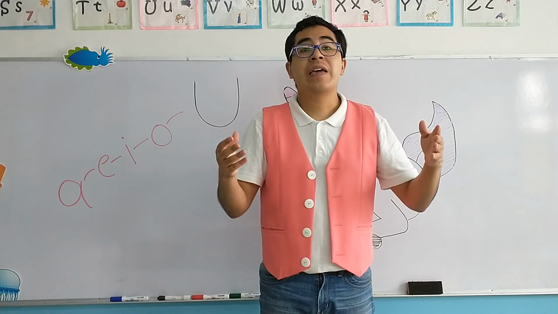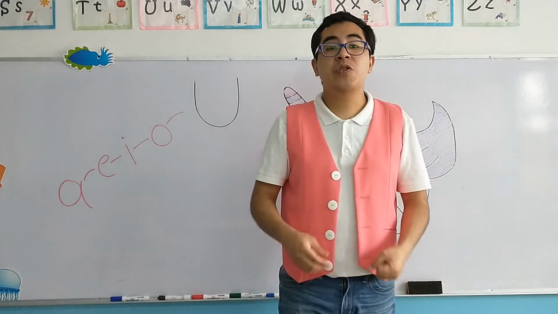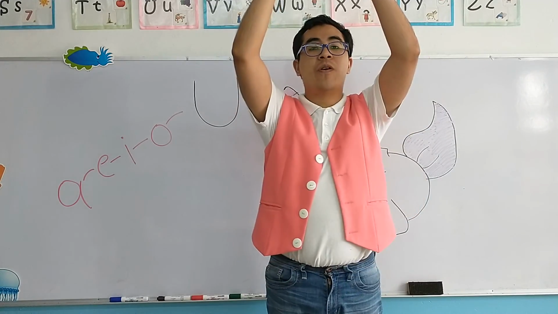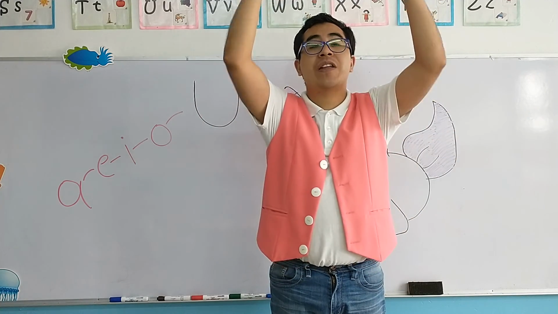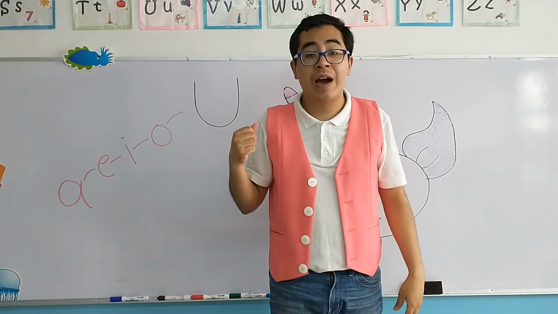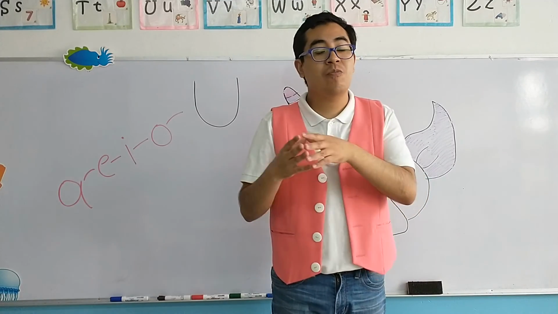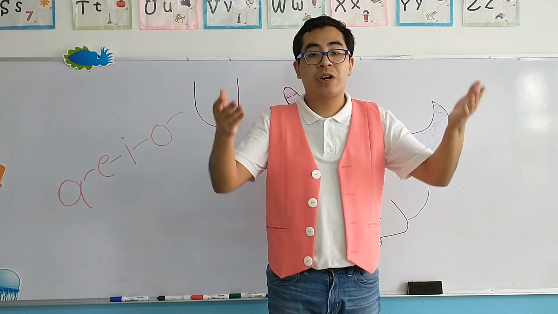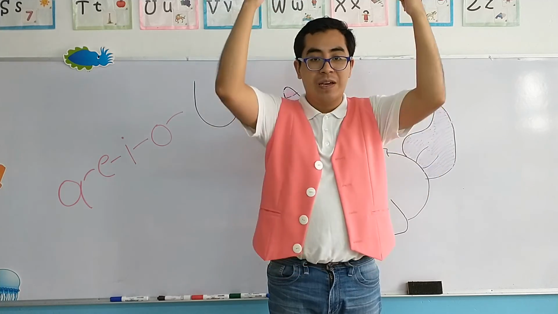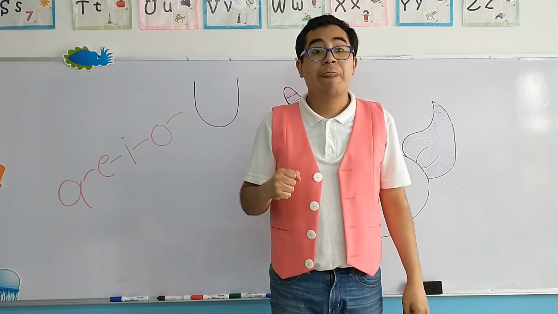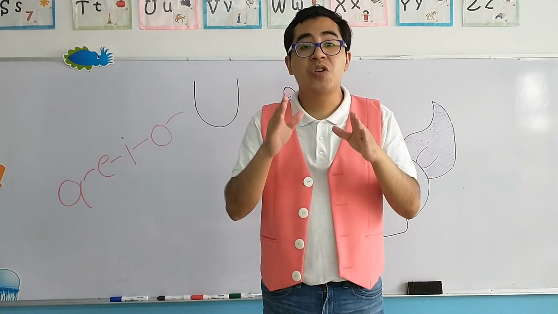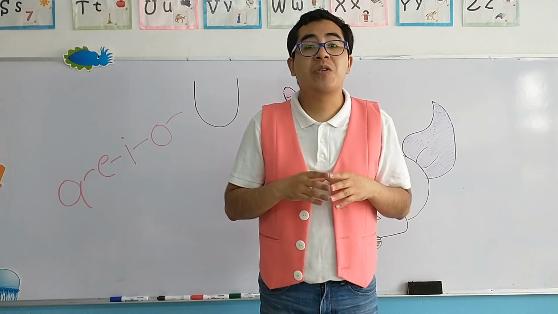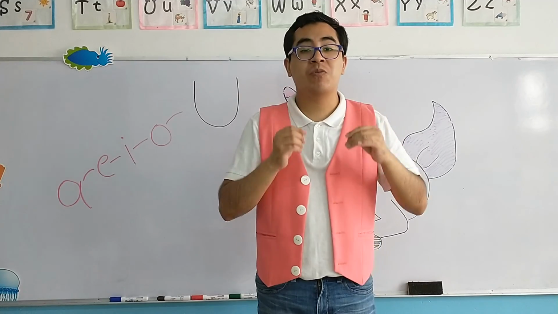And the umbrella is the object that we use to cover our body and our head from the rain that pours out of the sky. Recuerden, chicos, que una sombrilla pues es el objeto que nos protege de la lluvia que cae del cielo. Now, today we are going to continue with the letter U, but we are going to see a new object.